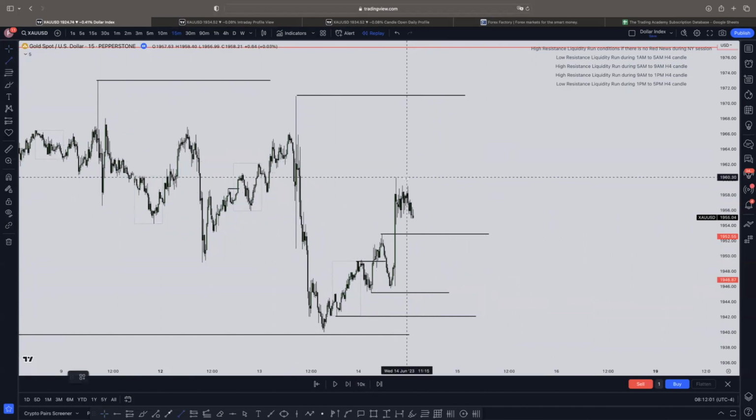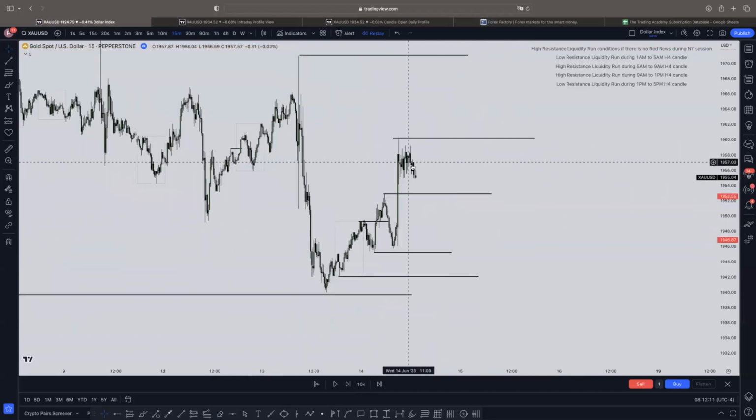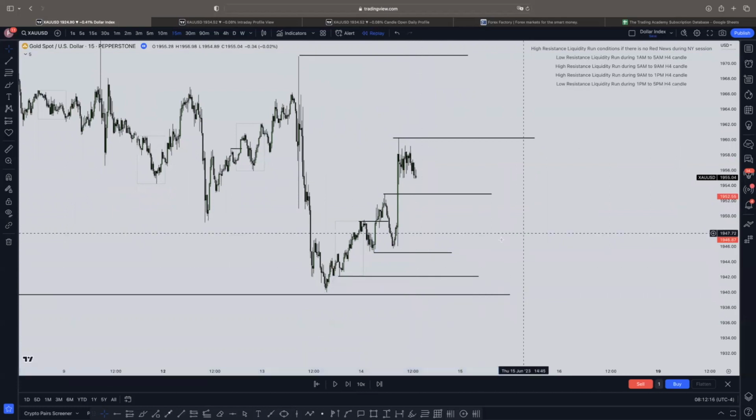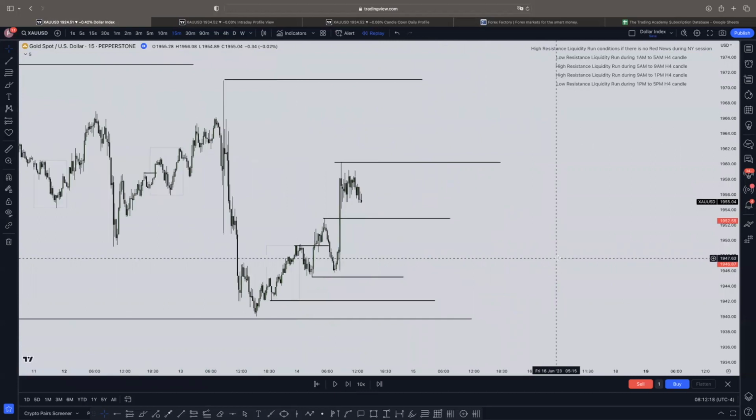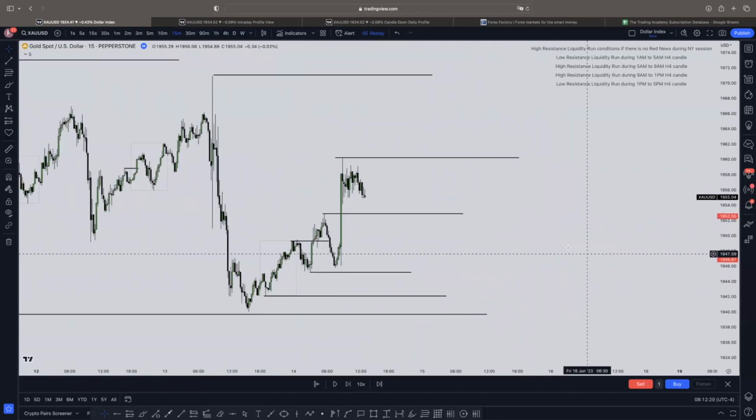We have New York high right there. Doesn't change the fact that we took our liquidity, right? So now at this point, if you're going lower, we are going lower here, here, and also here. Wherever we get the reaction from, we're taking the reaction and going up or taking the reaction and going down.